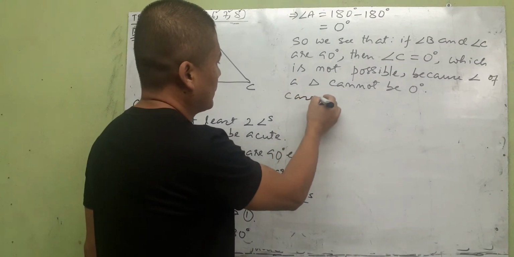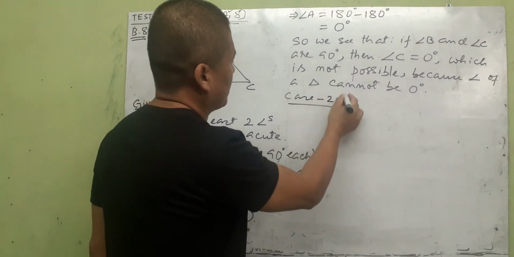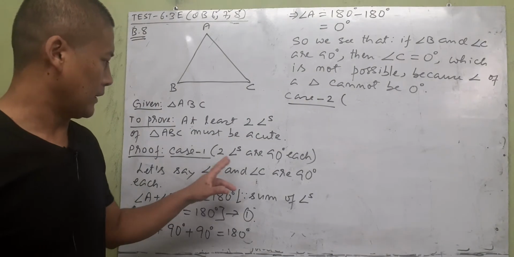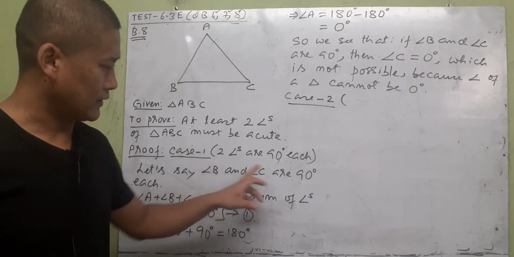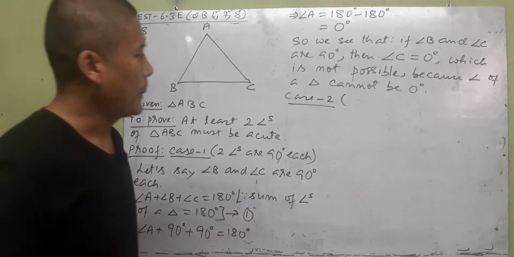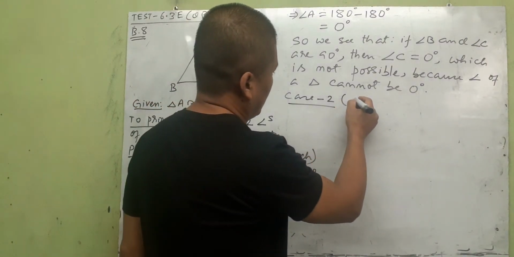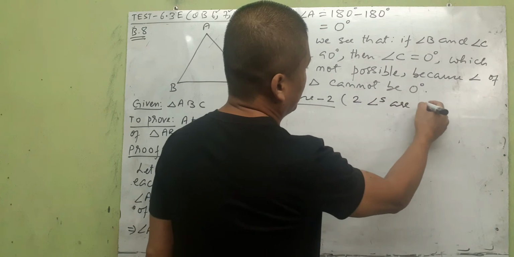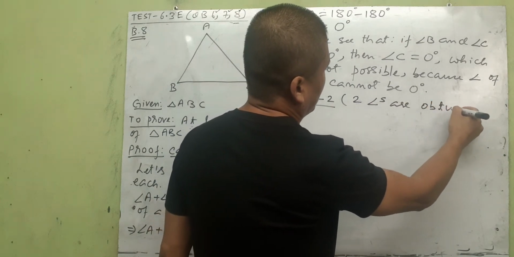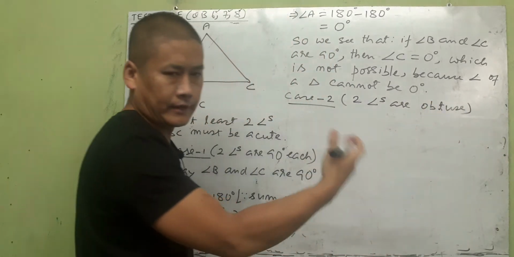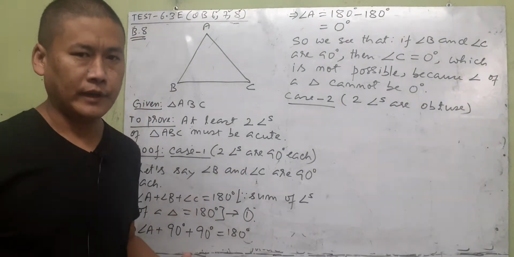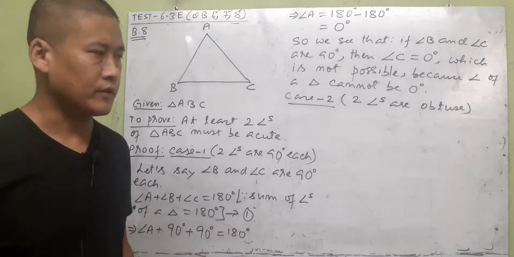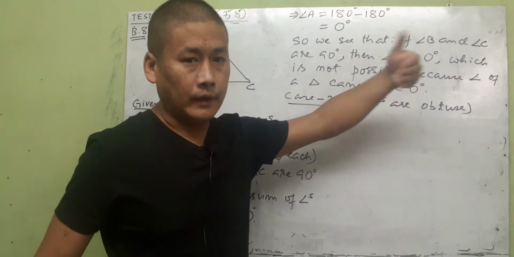So let us take case 2. We are done with case 1, and we know no triangle can have at the same time two angles 90 degrees each. Impossible. Case 2 is, let us say, two angles are obtuse. The word obtuse here means greater than 90 degree, less than 180. To be just on the practical side, you can just say greater than 90.